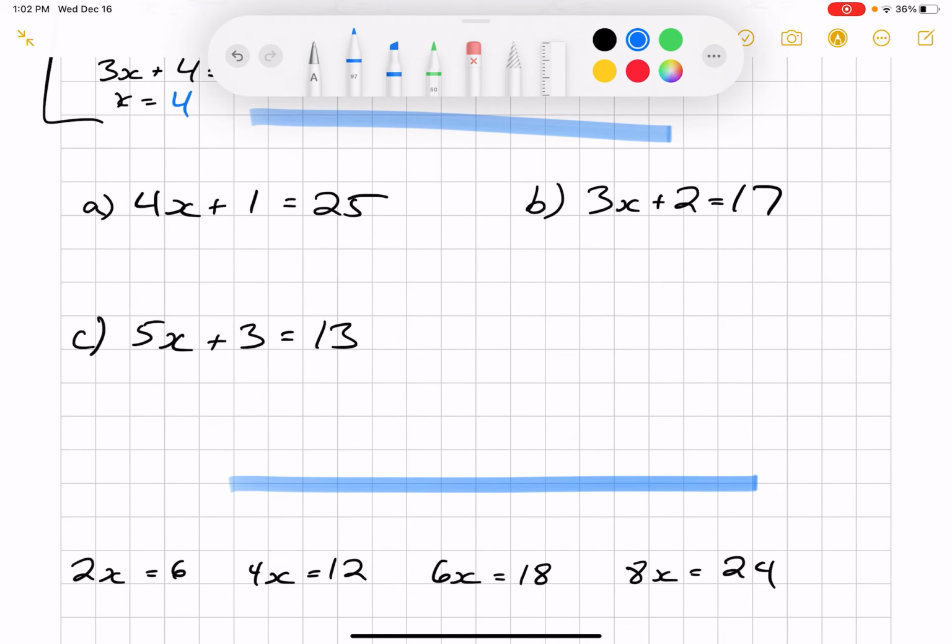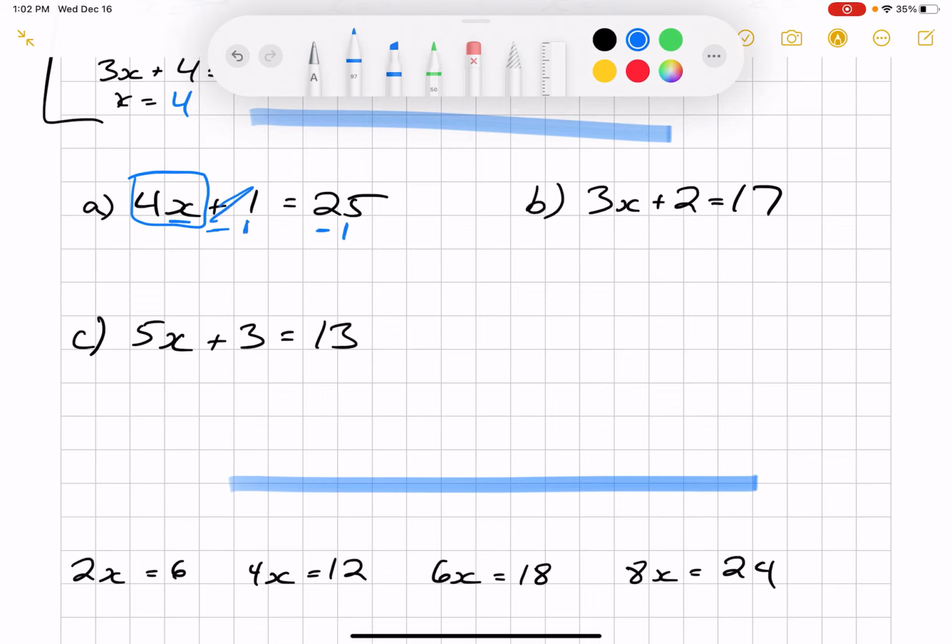Okay, so if I was going to guess and check and try to figure out what x is, I could start by asking what number can I multiply by 4 to get as close as I can to 25, or I can say, all right, I am going to take away this 1 to start with.